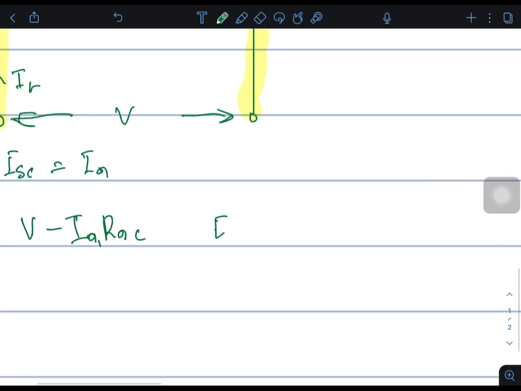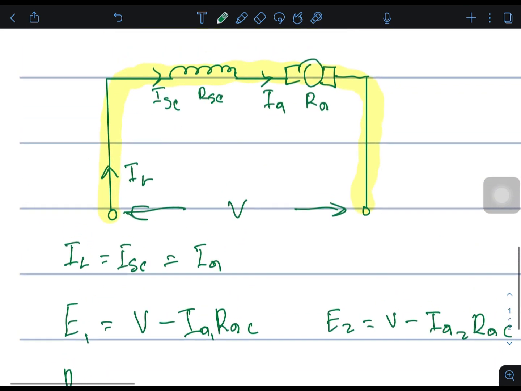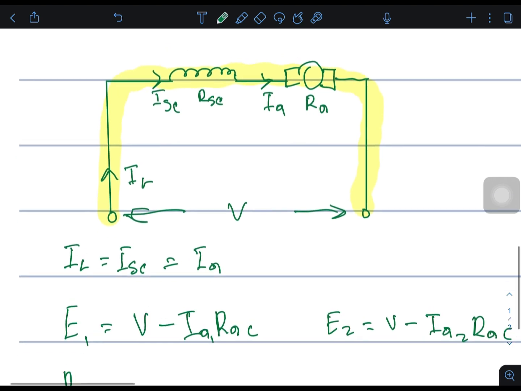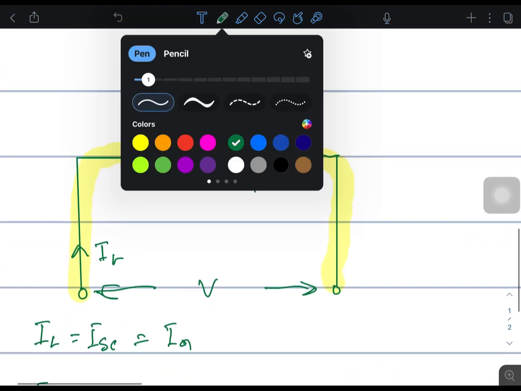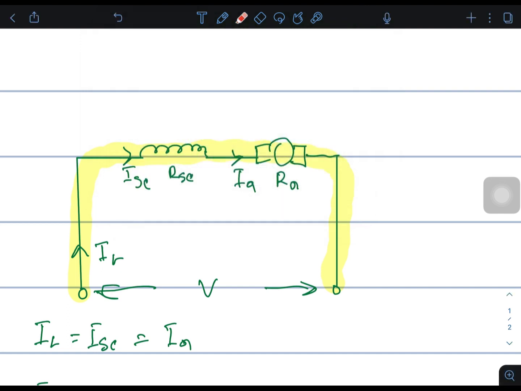E2 is equals to V minus IA Ra for the second condition. And Ra, guys, you need to take the total armature circuit resistance. If we look at the two resistors in the armature circuit, which is the armature circuit?